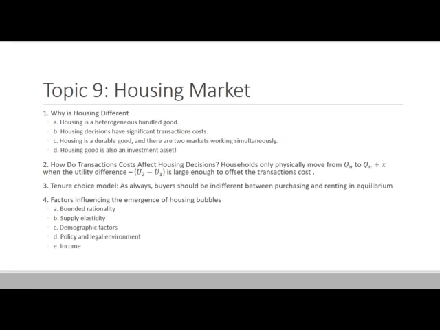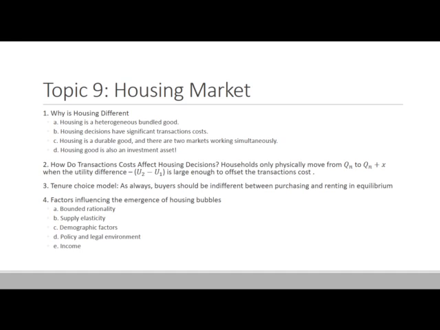And the second one is supply elasticity. In general, when housing supply is more elastic, it's less likely to have a housing bubble, because whenever there is a price increase, the builders will build more, and that will lead to a decrease in the price.